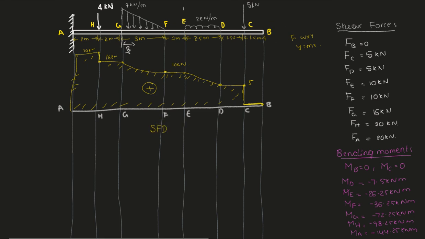Now let us try to draw the bending moment diagram. So again draw the reference line. So drop all the points A, B, C, D, E, F, G and H. So let us mark all the points first. At B the bending moment is 0, at C it is also 0, and at D it is minus 7.5 kilonewton meter.